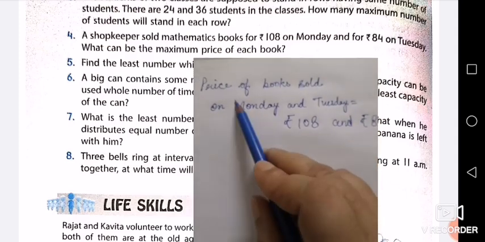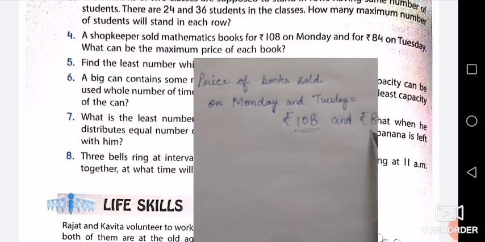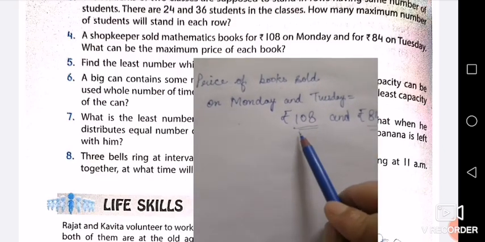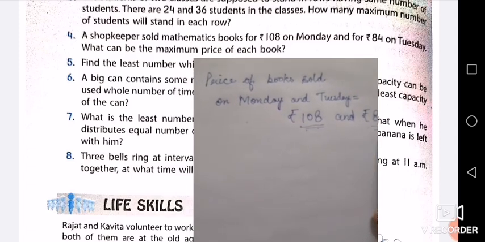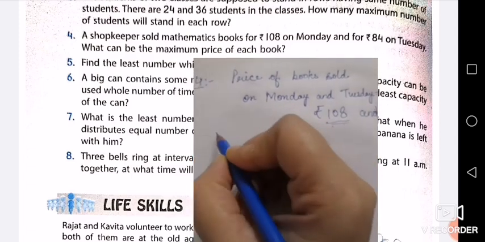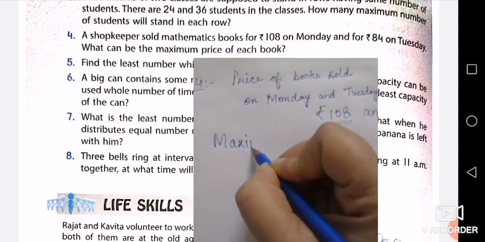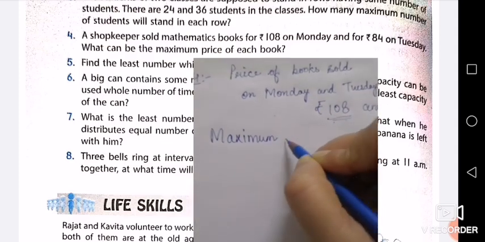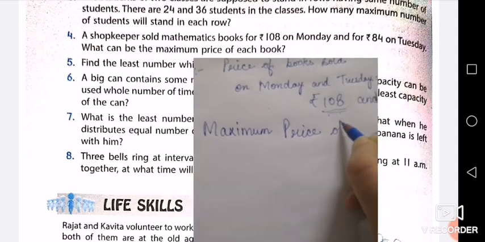Now the total price of books sold in 2 days is rupees 108 and rupees 84. Now you have to find the maximum price of each book.